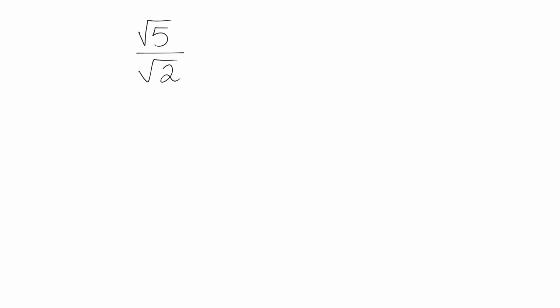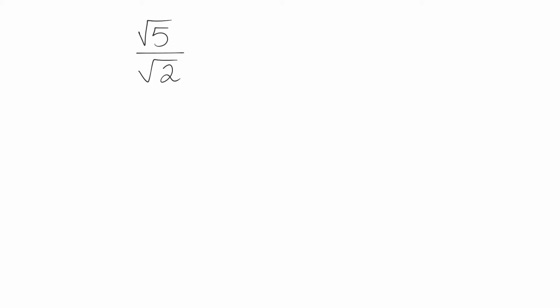What we talked about in our last lesson was that when we're dealing with radicals, we divide coefficient by coefficient, and radicand by radicand. Well, in this case, there's nothing to do. 5 doesn't evenly divide by 2. So we're going to do something called rationalize it.